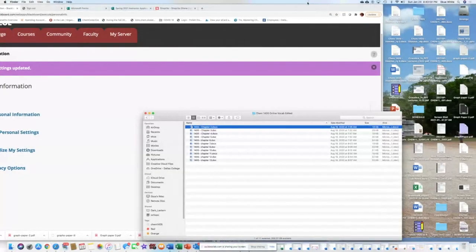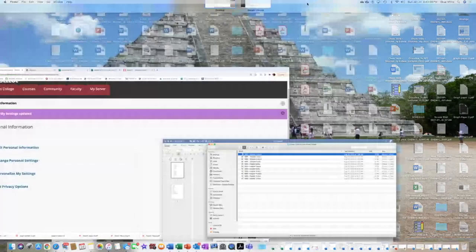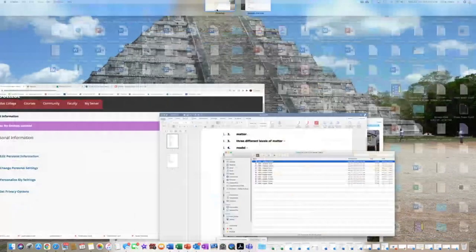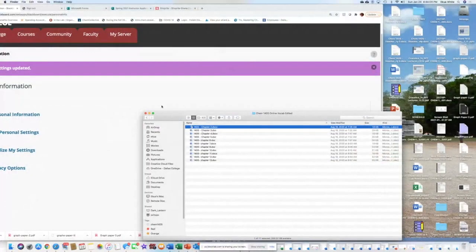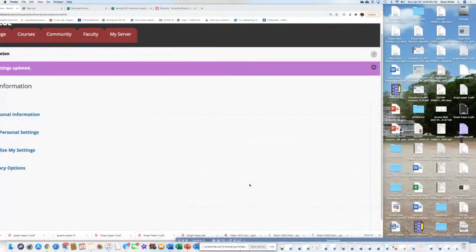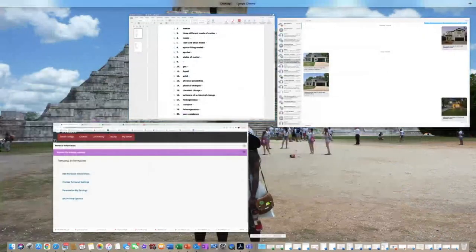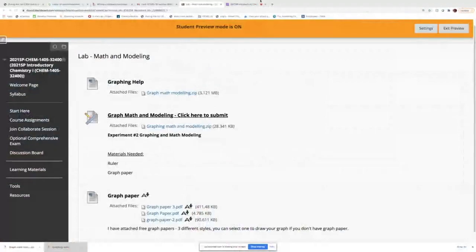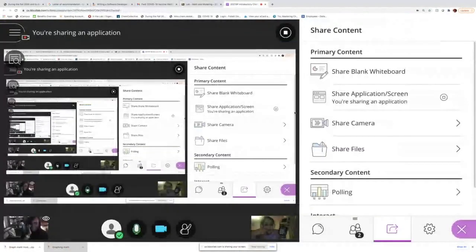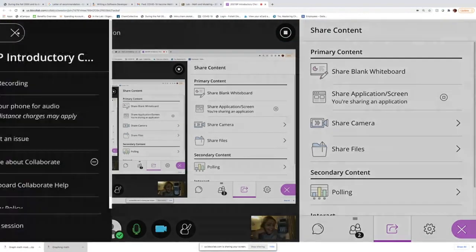Hold on. Let me try to find the screen that has a collaborate. I think it's the one with the orange. This one here. Okay, now I can see. Yes, you can use that.